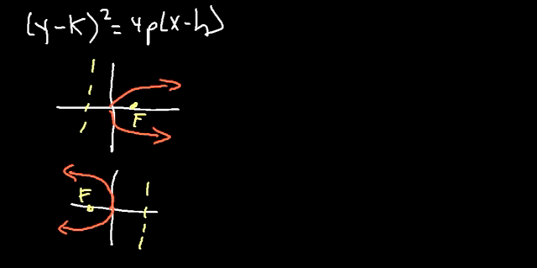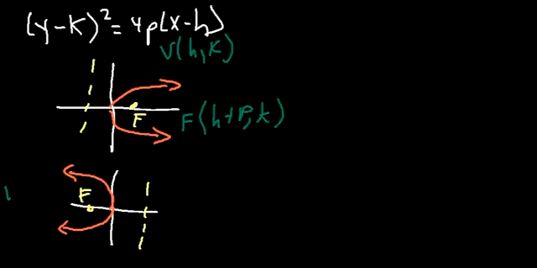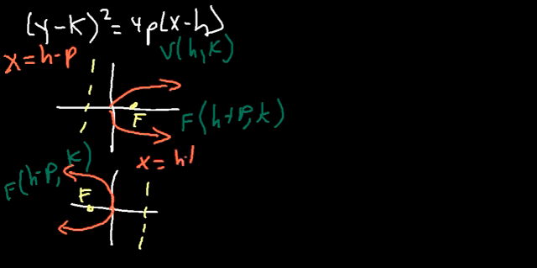So for this example, we know that the vertex is h comma k. So the focus is p units from the vertex, so it's h plus p comma k. And for this example, the focus is h minus p comma k. The directrix is x is equal to h minus p, and here it's x is equal to h plus p.